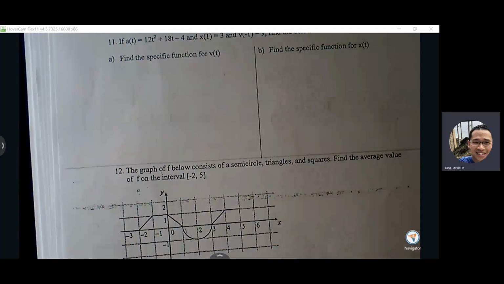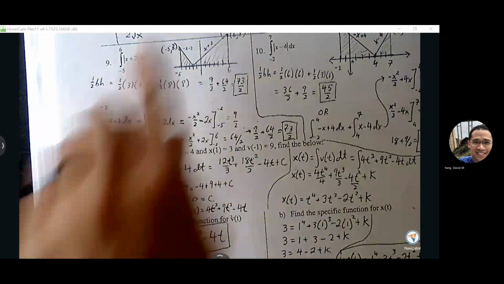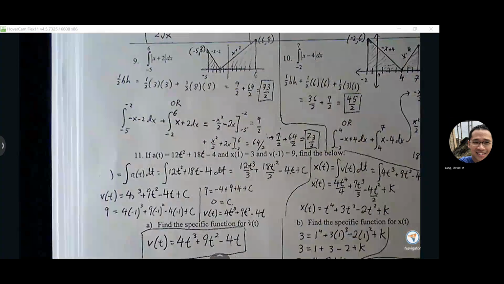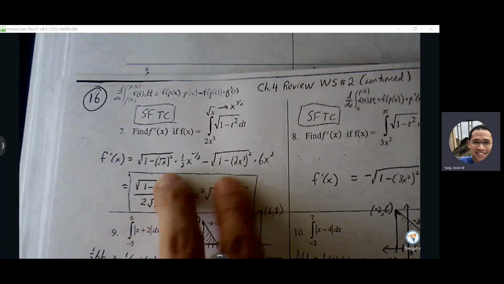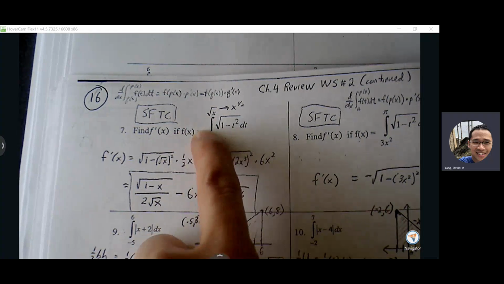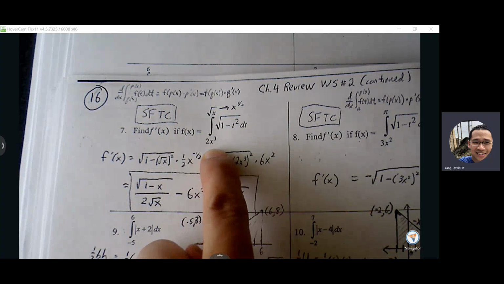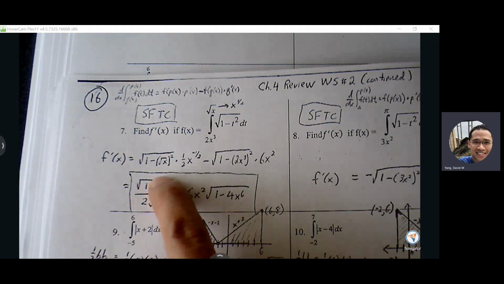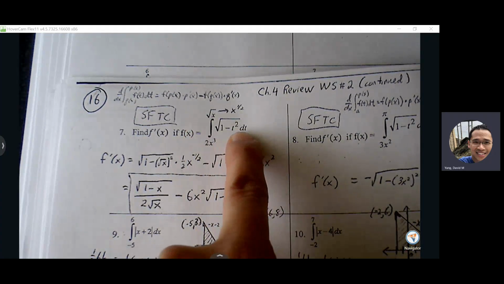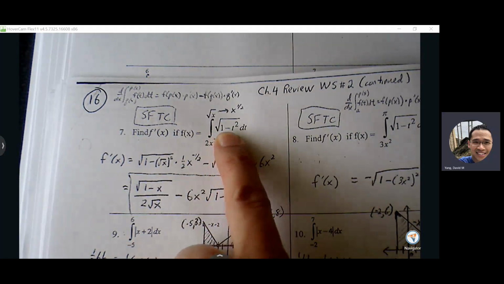So just to show you real quick here. Number 7, if I want to find the derivative of this region, I know that derivative and integral will just wipe each other out. I just have to worry about my upper and lower bounds. So plug the upper bound into the expression, just a straight substitution.